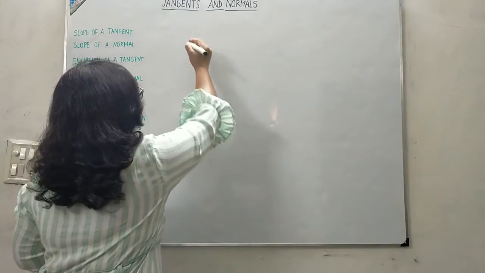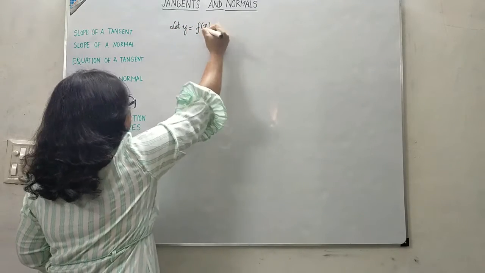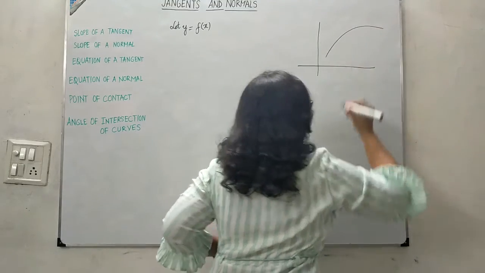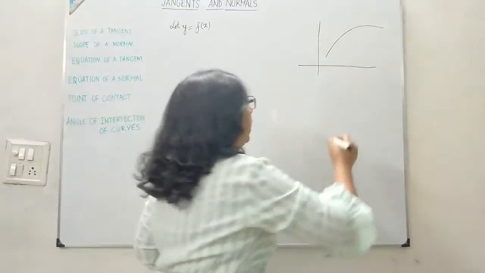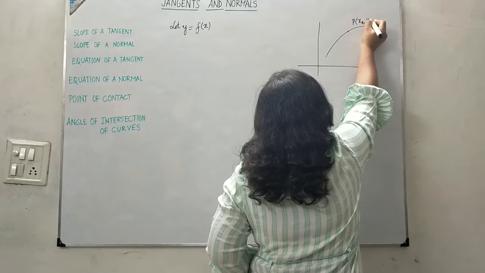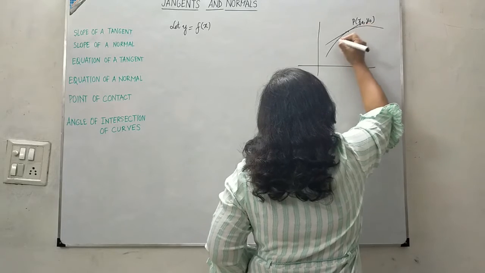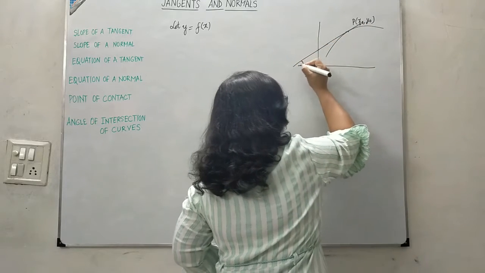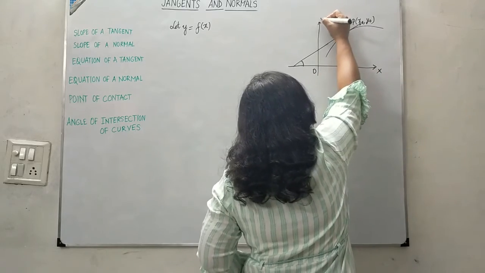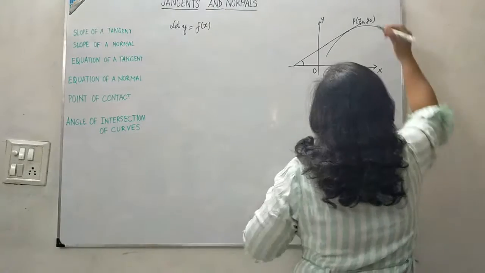So let us start. Let we have a curve y equal to f(x). Suppose the curve is like this. Then we can have any point P, say (x0, y0), where there is a tangent to this curve. Now you can see this is called the point of contact.